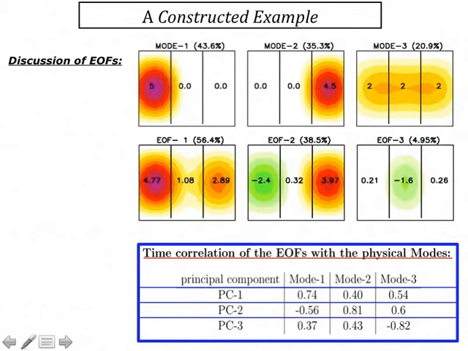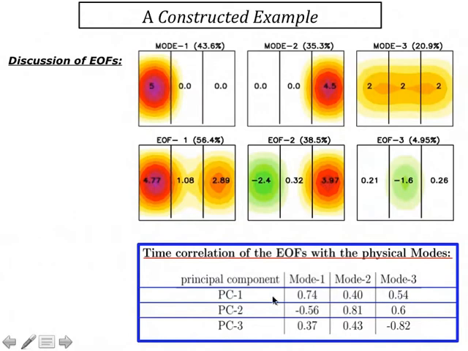So the first mode goes with 0.7, the second mode with 0.4, and the third mode with 0.5 to create PC1. So PC1 is a linear combination of the PCs of each of these modes with the amplitudes shown in this table. And the same you can do with PC2, and the same with PC3.